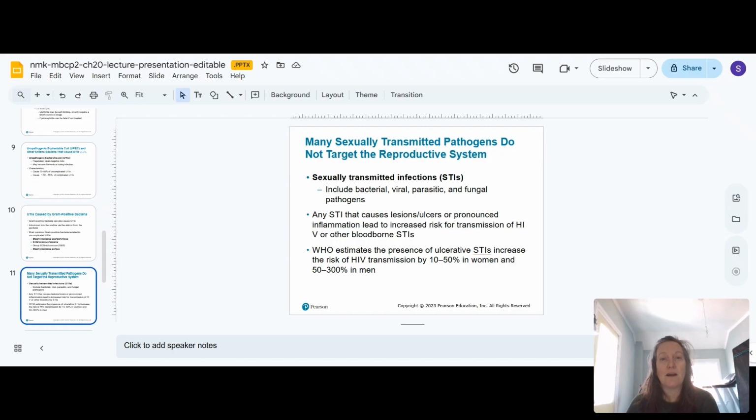So when we have something like herpes that causes a lesion, that can increase the transmission of other sexually transmitted infections also. The World Health Organization estimates that ulcerative STIs, those are the sexually transmitted infections that cause ulcers or lesions, increase that risk of HIV transmission by 10 to 15% in women and up to 300% in men.